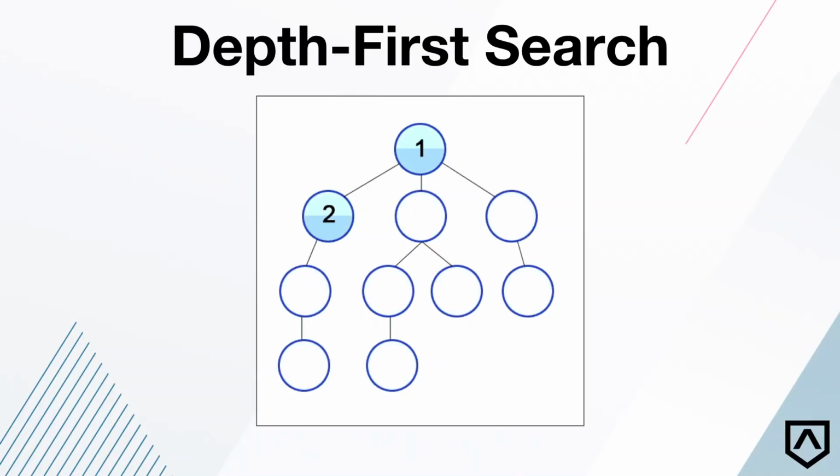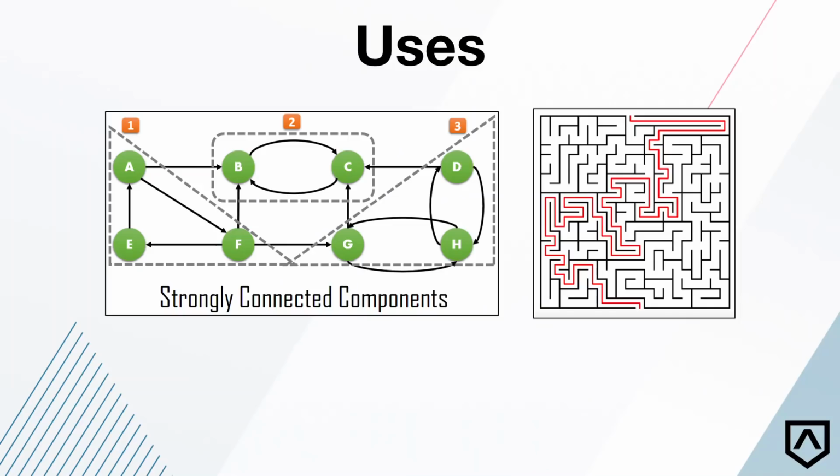So when is this a useful searching algorithm to use? We can use depth first search to find both connected and strongly connected components within larger graphs, which is also something that can be done with breadth first search. But one particularly useful application of depth first search is when you're trying to find a solution to a problem and you know there is only one solution.